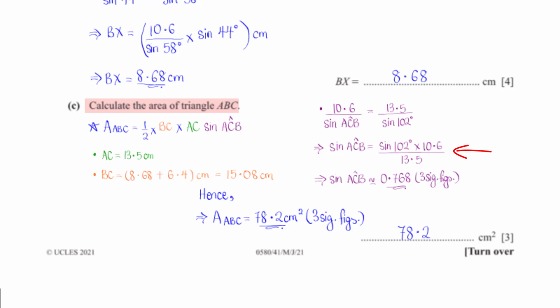And so when we type this into the calculator, we get the value of sine ACB as 0.768. And so when we slot in the values of AC, BC, and sine ACB into the area of triangle ABC equation, we get the value of the area as 78.2 centimeters squared, correct to 3 significant figures.